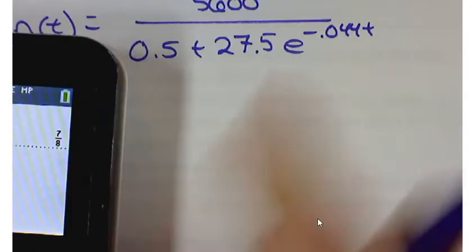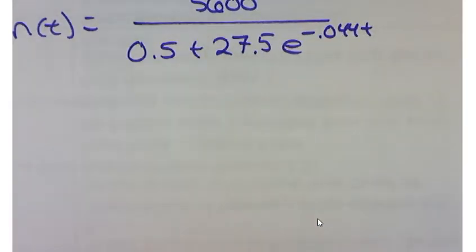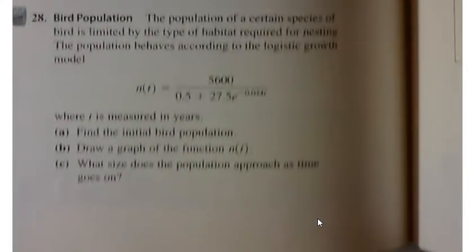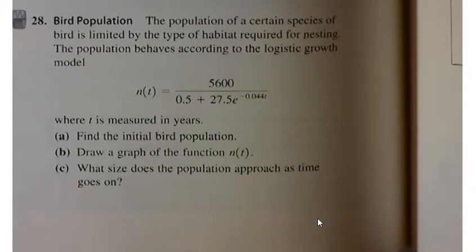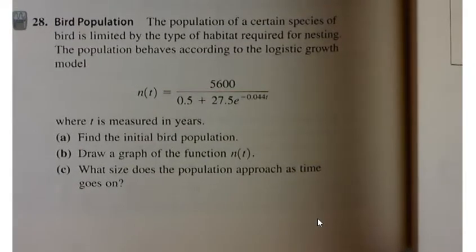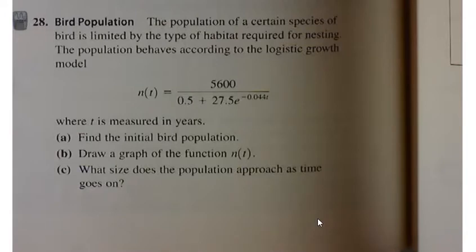All right, once we have that there, let's take a look at the questions that they asked. So, first question they ask in this is, what's the initial population? Here's the question itself. A certain species of birds is limited by the type of habitat required for nesting.